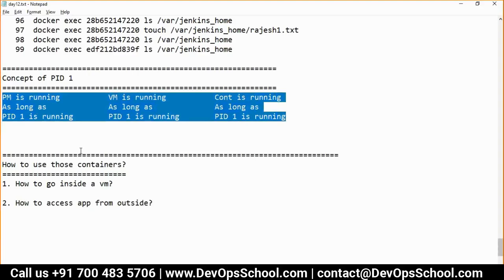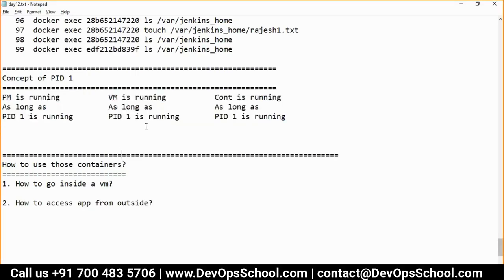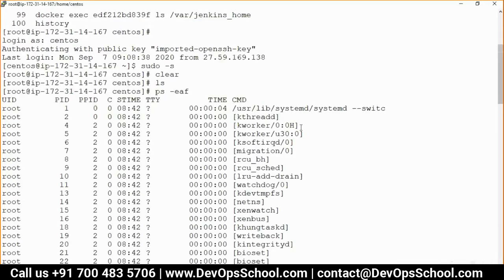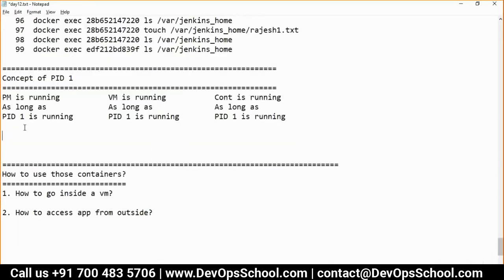Now, did you understand this statement? Guys? Yes, Rajesh. One doubt: PID1 means it respects its own individual or its host machine?